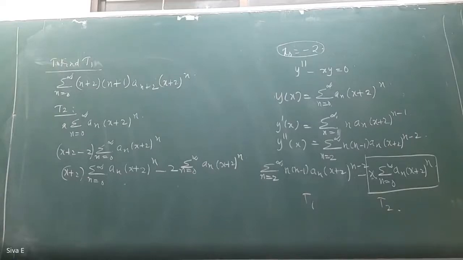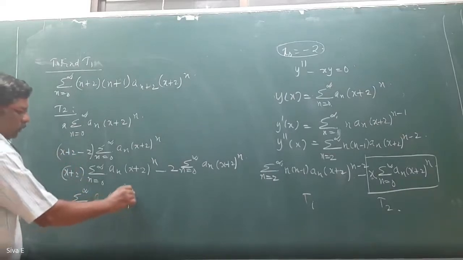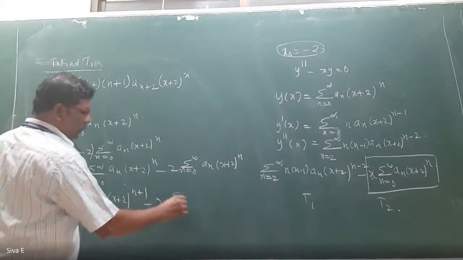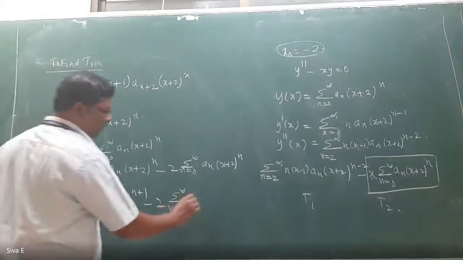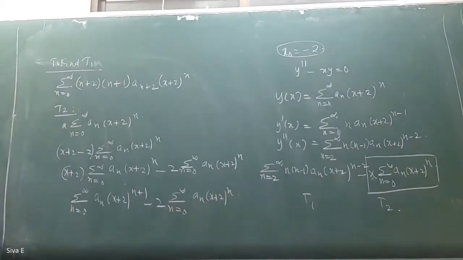Then you can write this as summation of n equal to 0 to infinity a_n (x + 2)^(n+1) minus 2 summation of n equal to 0 to infinity a_n (x + 2)^n.